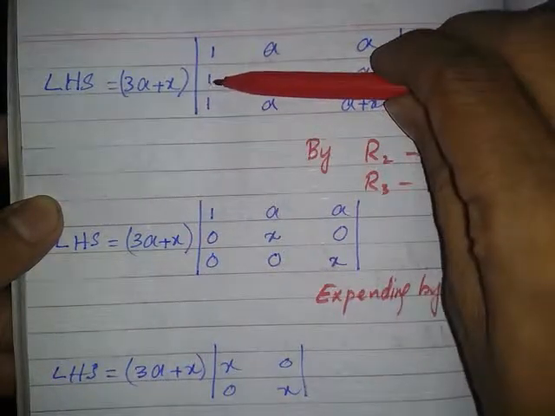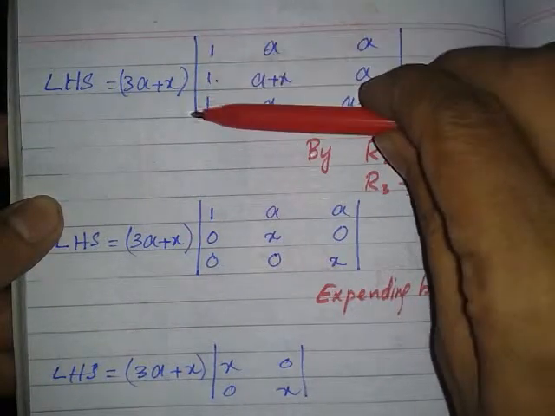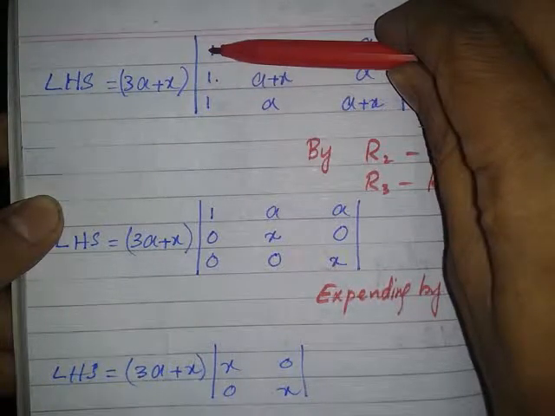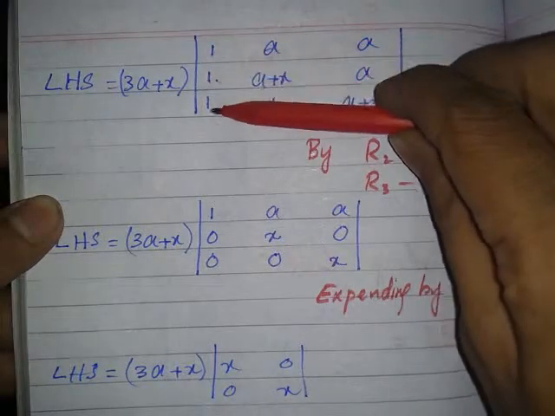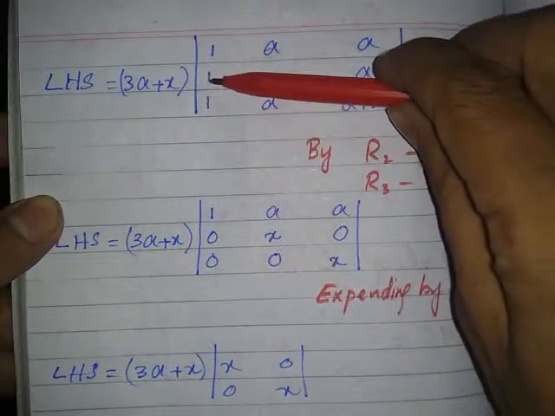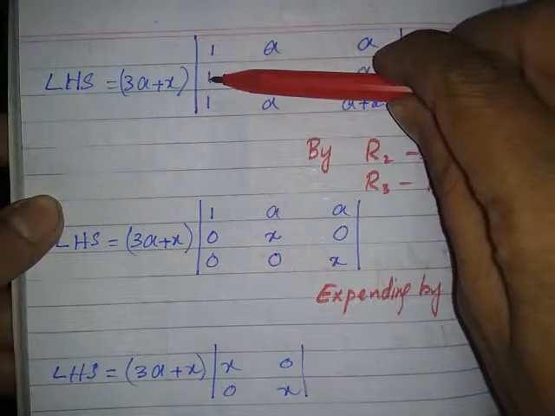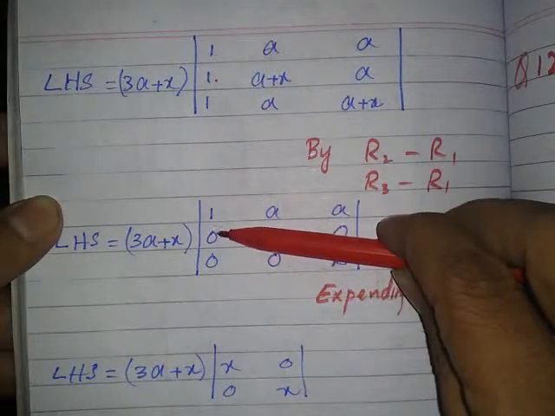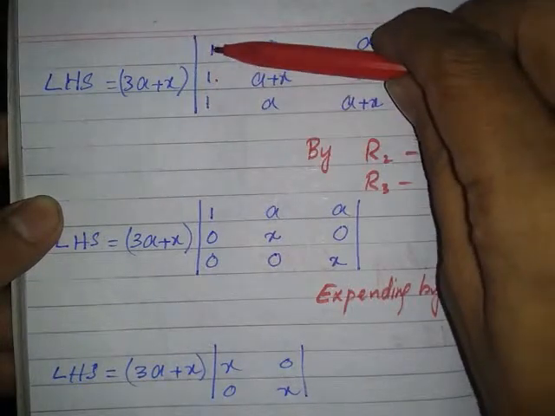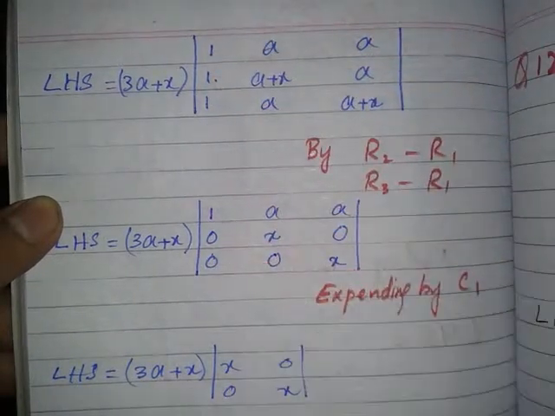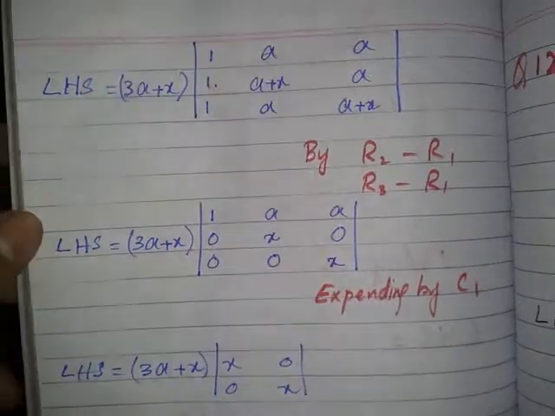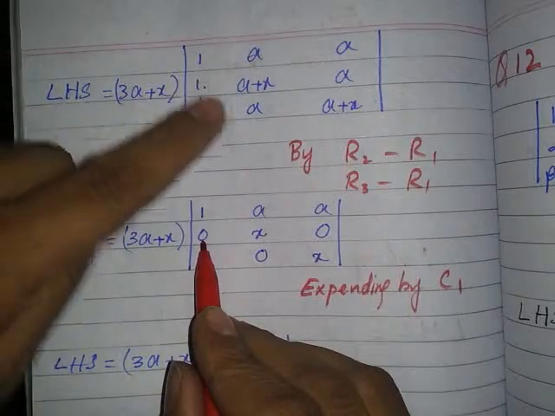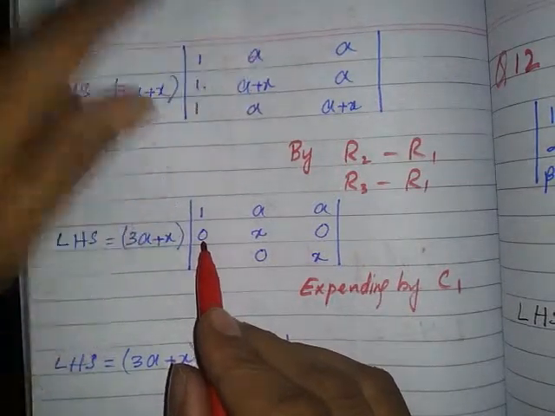By doing this, we shall get here 0 and 0. Row 2 minus row 1: 1 minus 1 is 0.